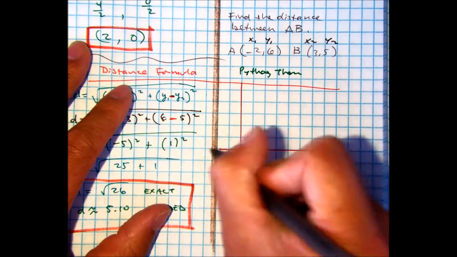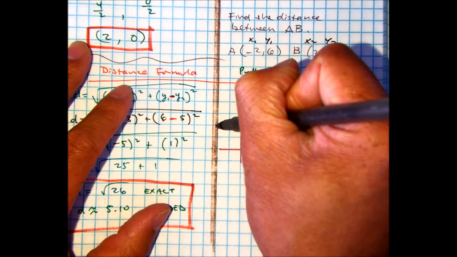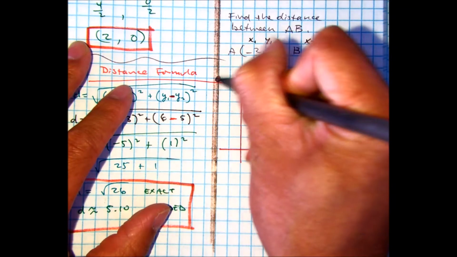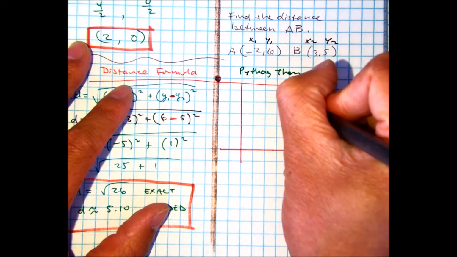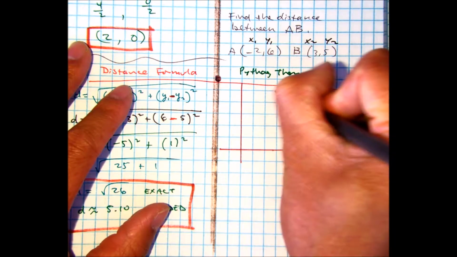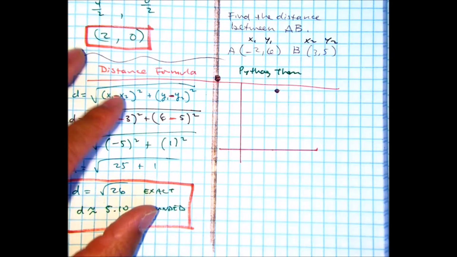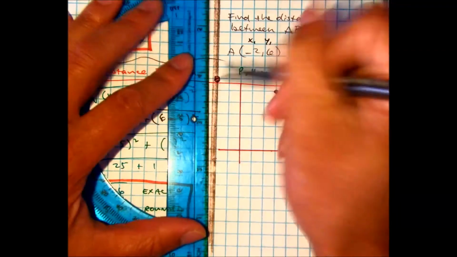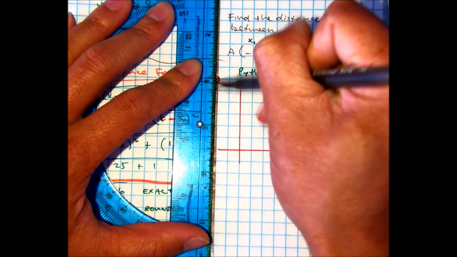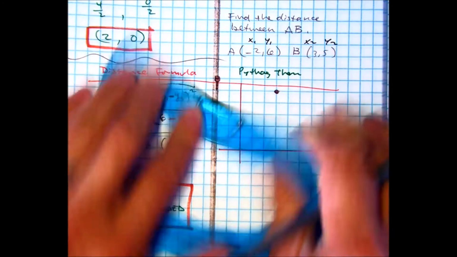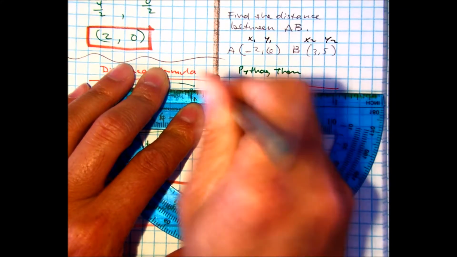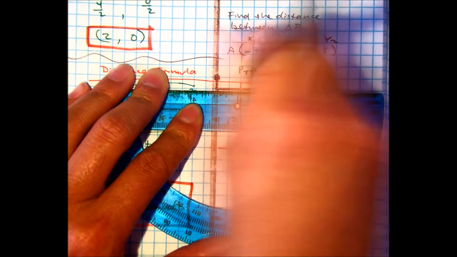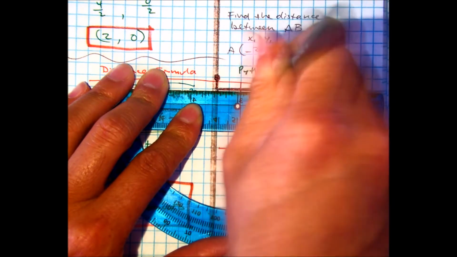Negative 2, 6, 2, 4, 6 here, and then 3, 5, right 3, up 5. Connect my right triangle. Can't see it, make it bold. Nice straight edge.